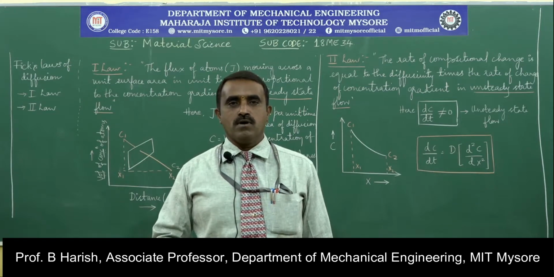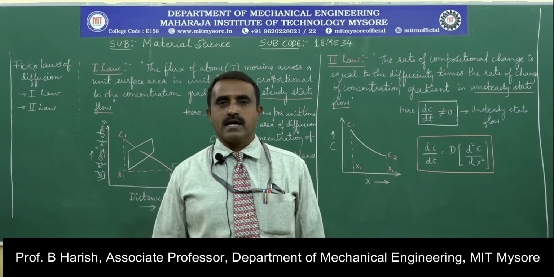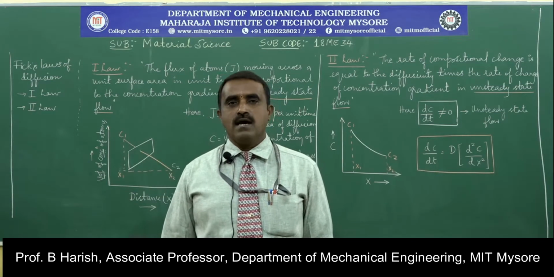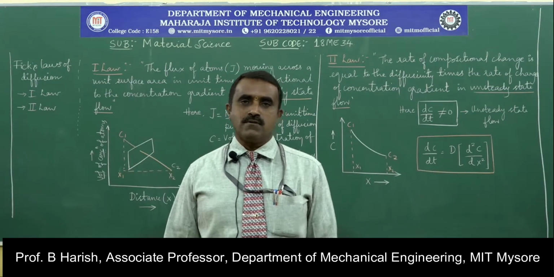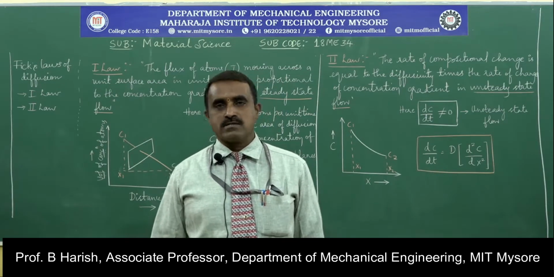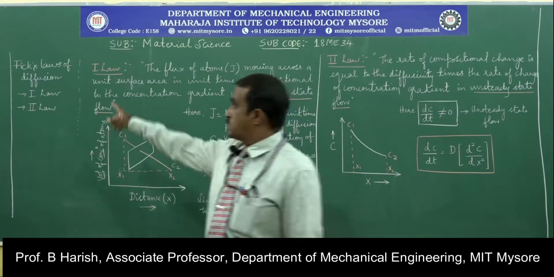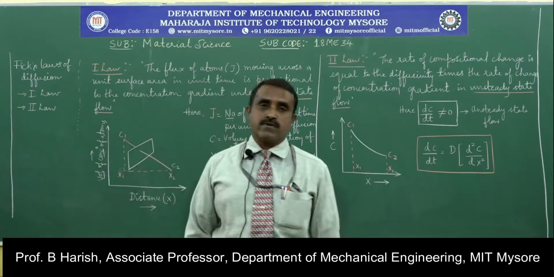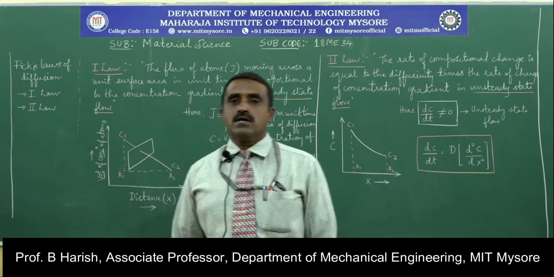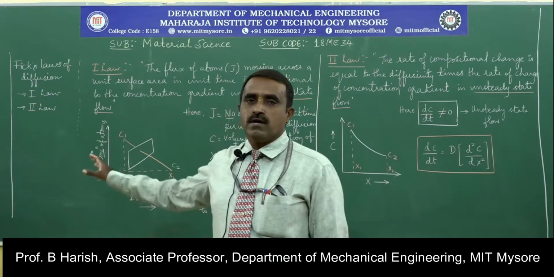Based on this concentration gradient, a scientist named Fick conducted a study and gave two laws, called Fick's laws of diffusion. We will discuss the statements of the first law and second law of diffusion.